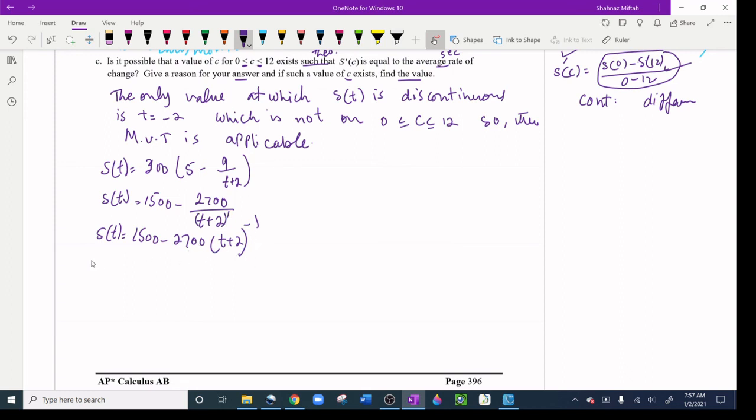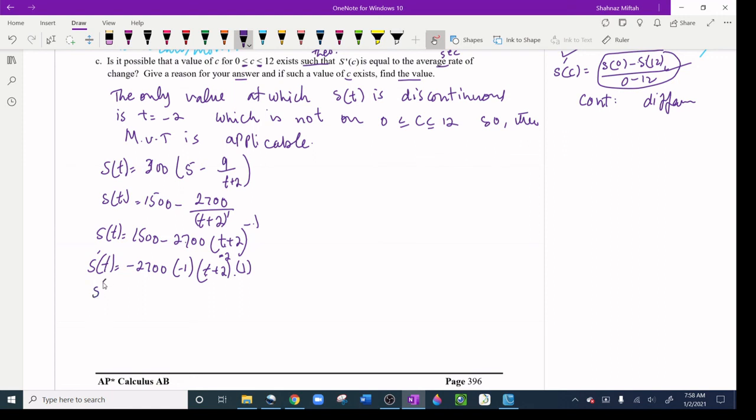Now I can take a derivative, and it would be easy. S prime t: the derivative of 1500 is 0. Negative 2700 stays as it is. The -1 jumps to the front, and this is a chain rule. T plus 2 to the power -1 is a chain rule. So the outside derivative jumps to the front, keep the inside as it is, times the inside derivative, which is 1. And the exponent goes to -2 because we subtract 1 all the time.